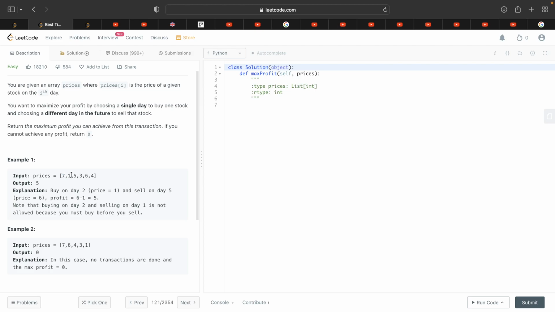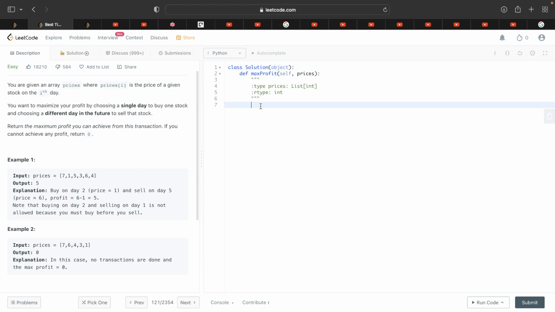Then we come to this date, we calculate the profit considering we have the minimum price so far, and we do that on each date. By the time we're done, we'll have a global variable that contains the maximum profit so far, right?